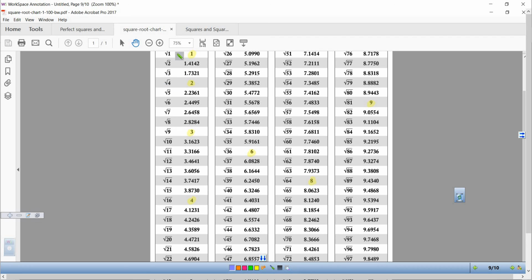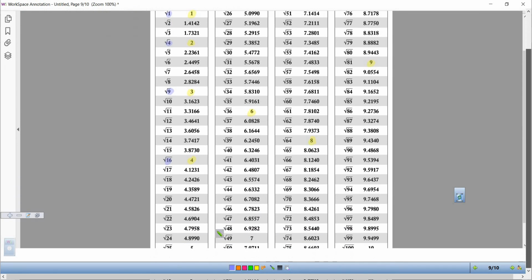All right, so 1 is my perfect square, and there's my square root. 4 is my perfect square. 9 is my perfect square. 16 is my perfect square. All right, and we can't see it. Here we go. If we scroll, there's 25 and 5. All right, and you see how there's a ton of them in between, and there's even more because these are only taking the square roots.